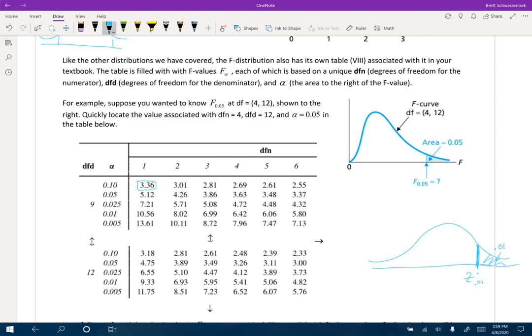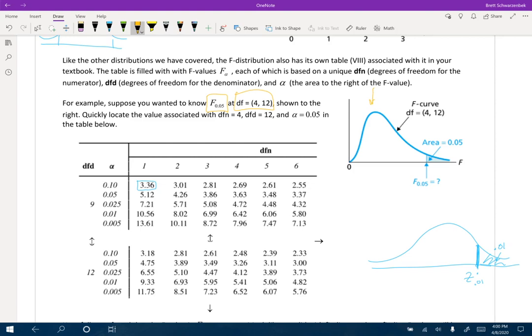So we're doing the same thing here, and it's logical because all areas for what we're going to be dealing with in the F distribution are above because of the skewed distribution. So we're doing an example of f sub 0.05 with degrees of freedom 4 and 12. So this curve over on the right is a degrees of freedom 4, 12 F curve.